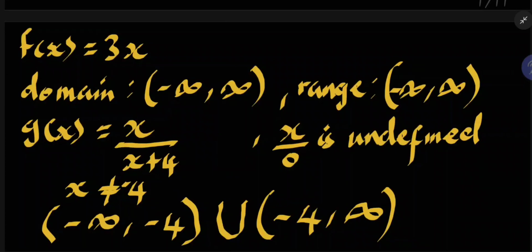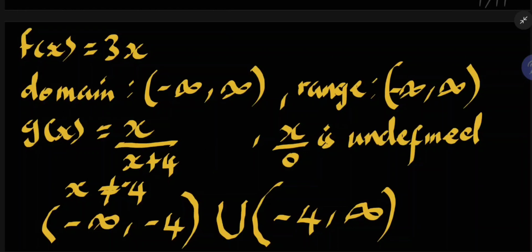If we were to include minus 4 in this interval, instead of a parenthesis, we would have square brackets instead. This shows that minus 4 is part of this interval. But if we have a parenthesis instead, that will show that minus 4 is not part of the interval.